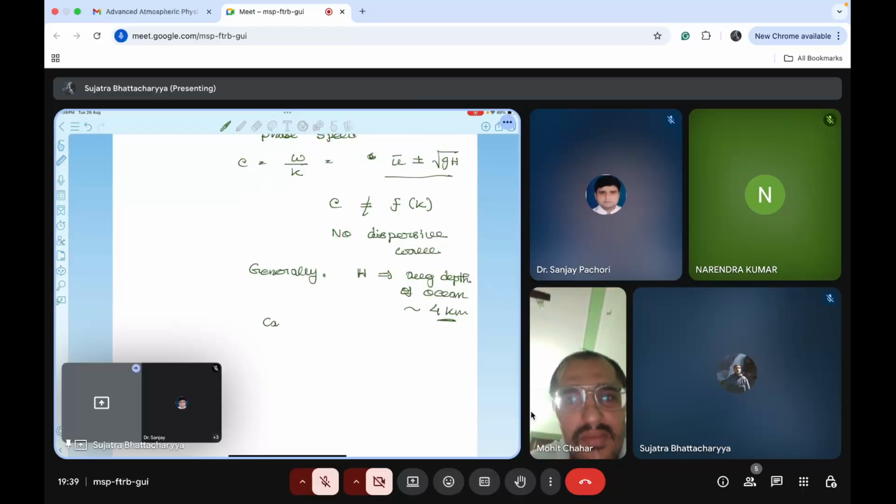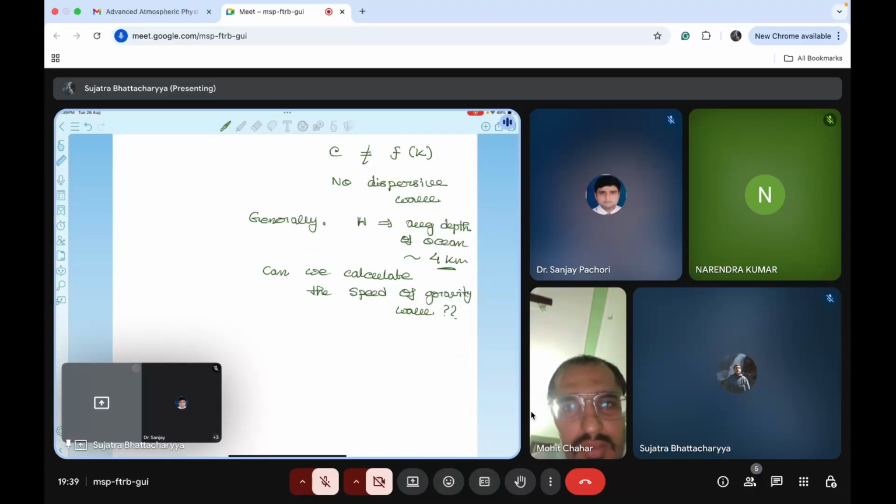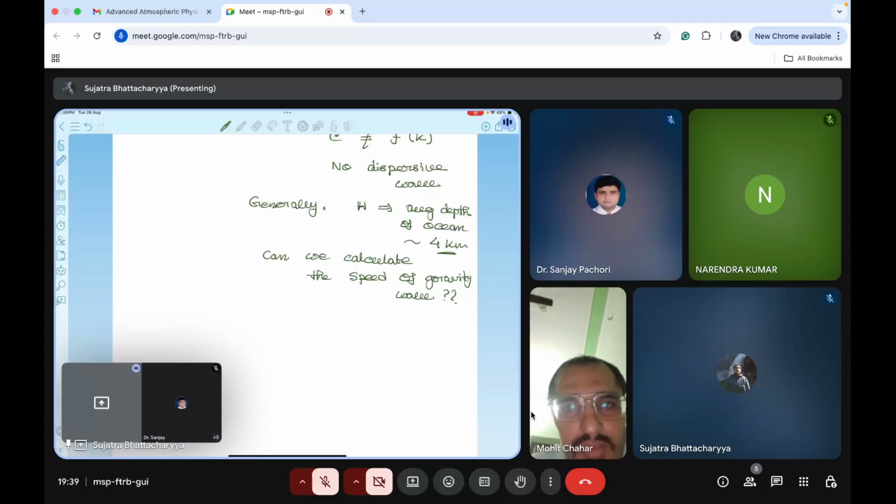Can we calculate the speed of the gravity wave? This is a question you can do. I think there might be a question in the assignment also. You can try that. We will discuss the assignment in the next problem solving session.